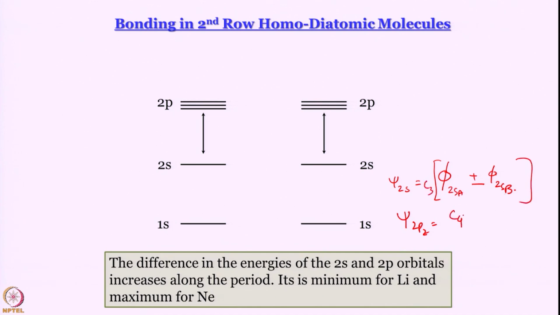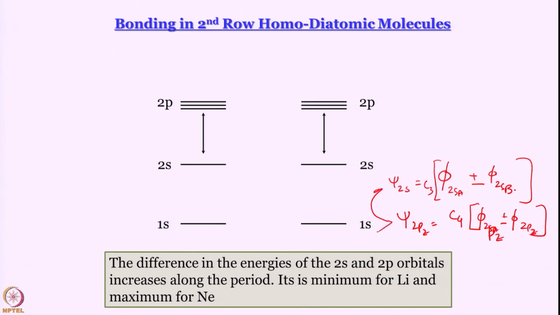I am writing C3 because I have forgotten whether I wrote only one C1 or C1 and C2. So, C4 multiplied by phi 2pz A plus minus phi 2pz B. These two will not mix.